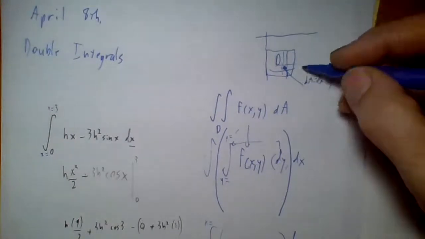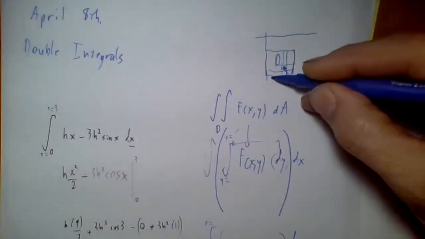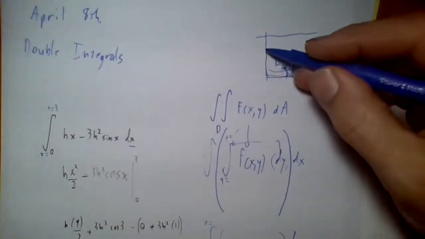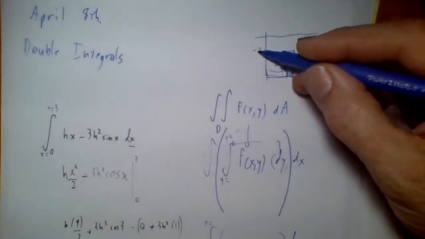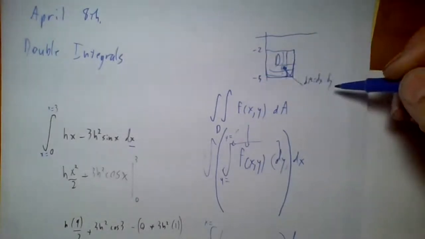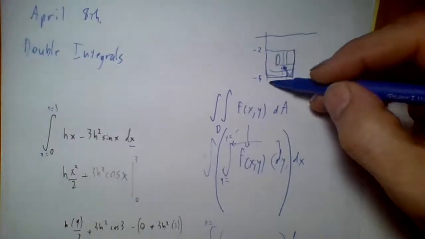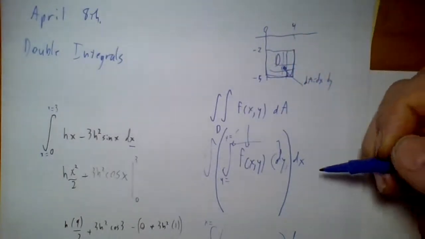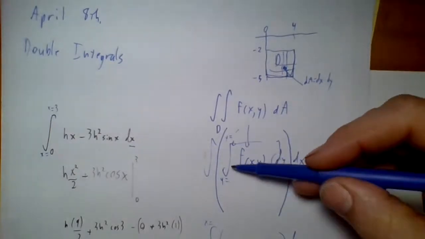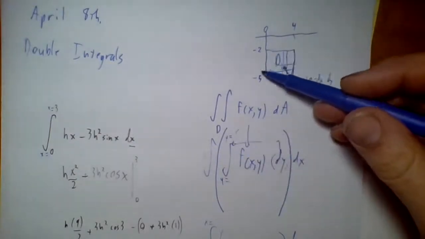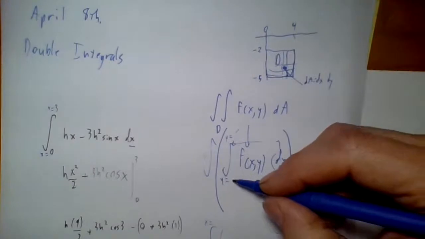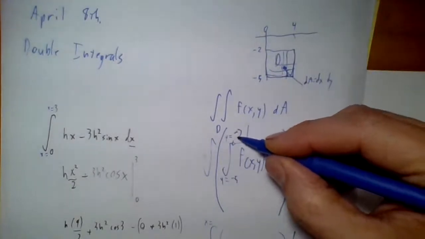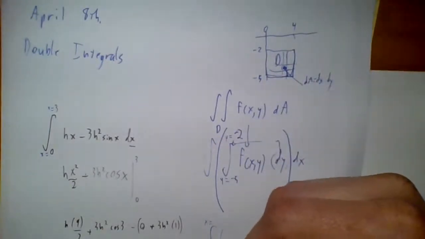Now, if we have a rectangle like this, this is the first section in the book, is just dealing with rectangles like this, where if this is from -5 to -2 for y, and from 0 to 4 for x, then these can be just interval things. The y then is going from -5 to -2, and the x is going from 0 to 4.